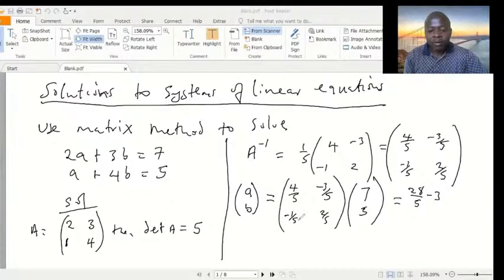Negative 1 out of 5 times 7 would be negative 7 out of 5. And then what about this? 2 out of 5 times 5. That gives you 2.